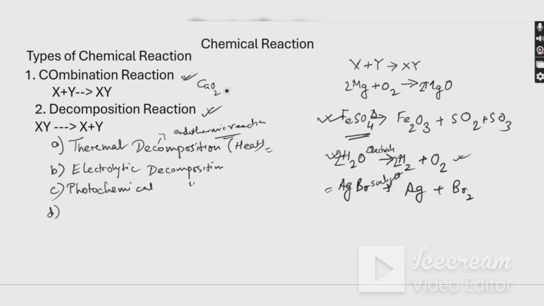So if I have calcium oxide plus water, this forms Ca(OH)2, and this produces some amount of heat. So this is an example of exothermic reaction.